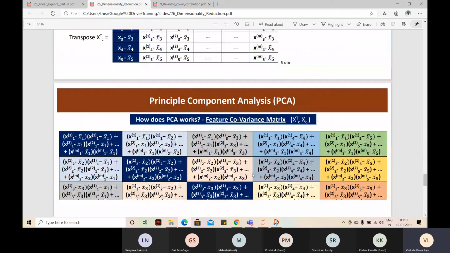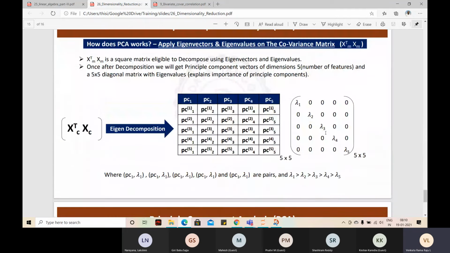And when you apply PCA, PCA always keeps these in descending order. This is going to be a big number, then a little smaller, a little smaller, like that. The associated principal component for the first is going to be the first one, the associated second principal component is going to be the second one, like that.